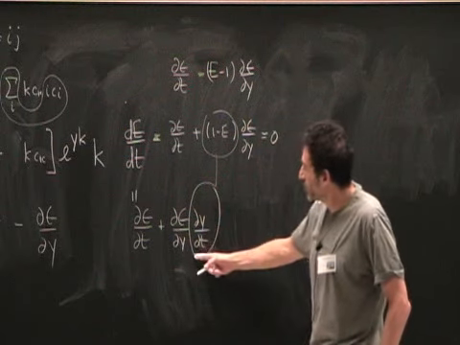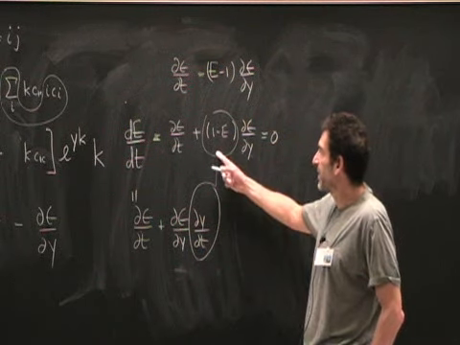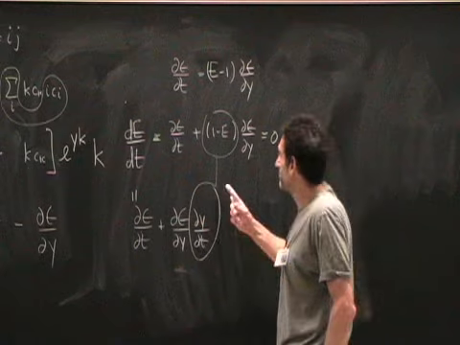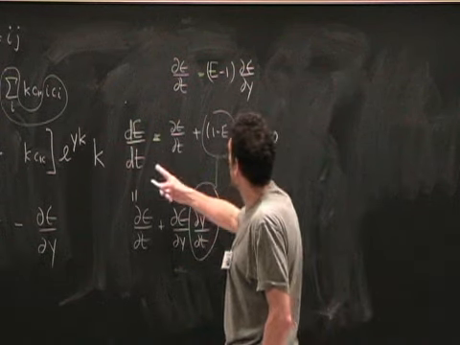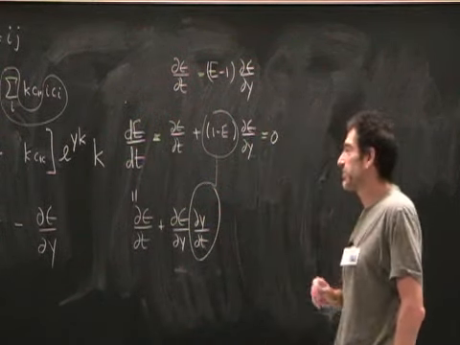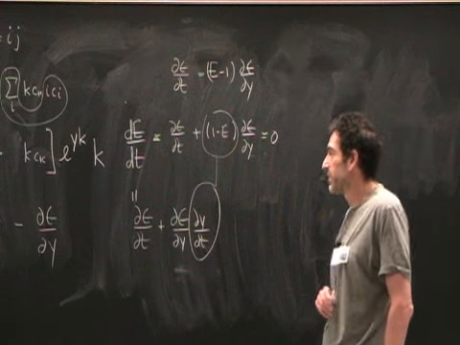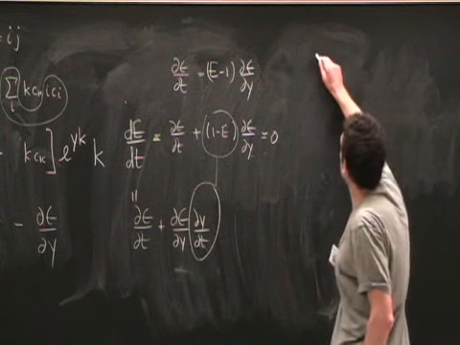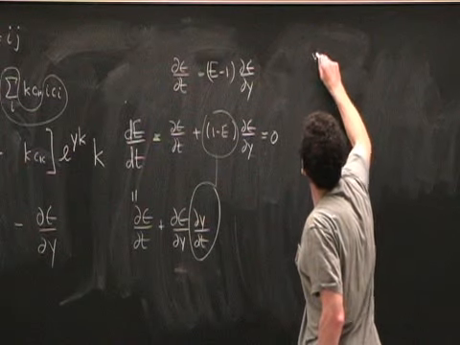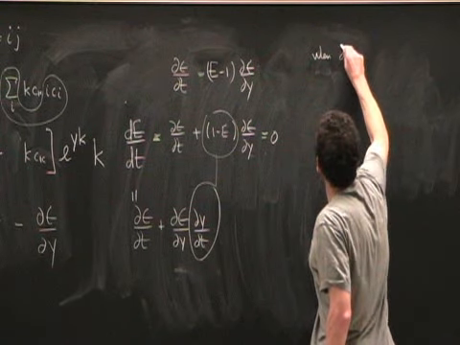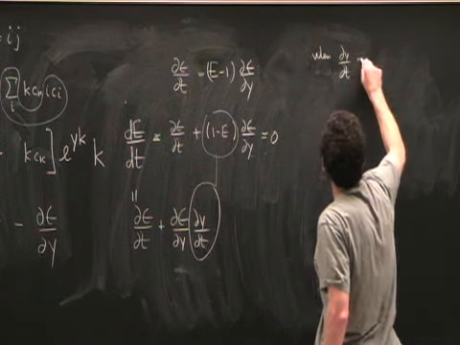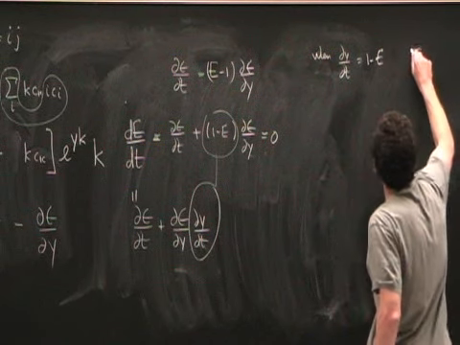If I go along a trajectory in the yt space defined by this, then this is a total time derivative which equals 0. On these curves, called the characteristic curves, the function doesn't change. So when dy by dt is equal to 1 minus e, then e is constant.